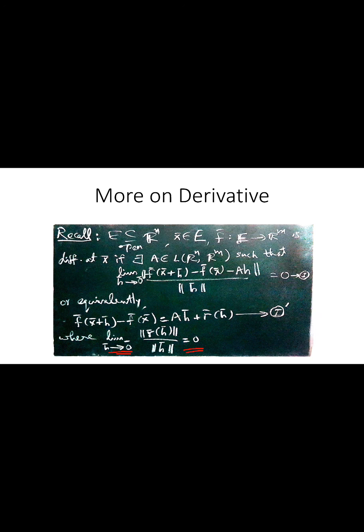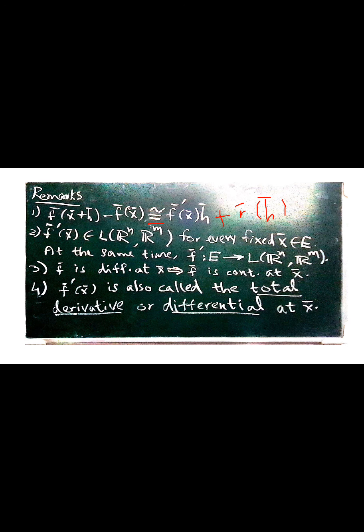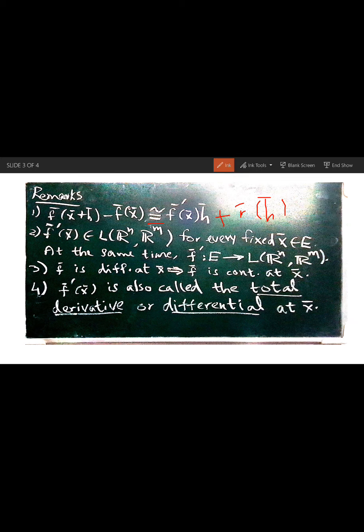So therefore f of x plus h minus f of x is approximately equal to f dash x into h. That means the value of the linear transformation f dash x applied to h. That is this increment.